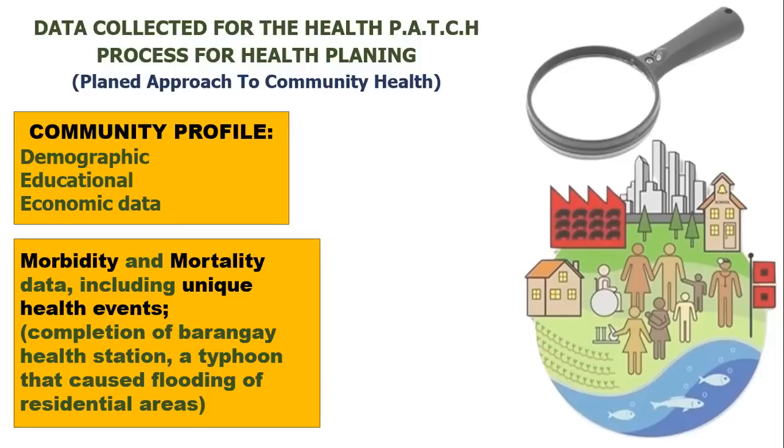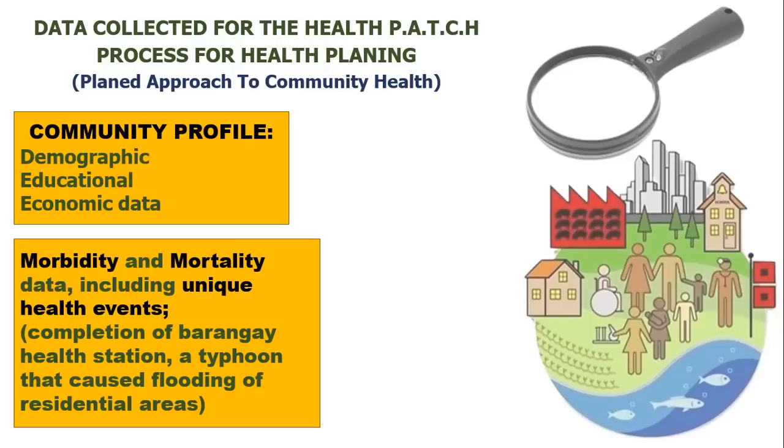For the data collected for health, we have the PATCH. What is our PATCH? Planned Approach to Community Health. These are the processes for health planning. First, we have the community profile. In the community profile, we need to include the demographic data and even the educational and economic status of our community, as well as the morbidity and mortality rate. How many patients died because of this kind of disease? How many are sick with this as of the moment?